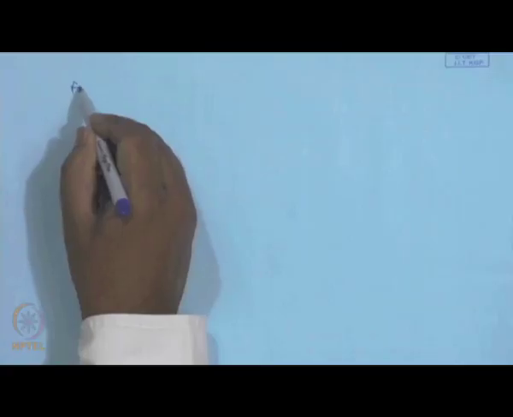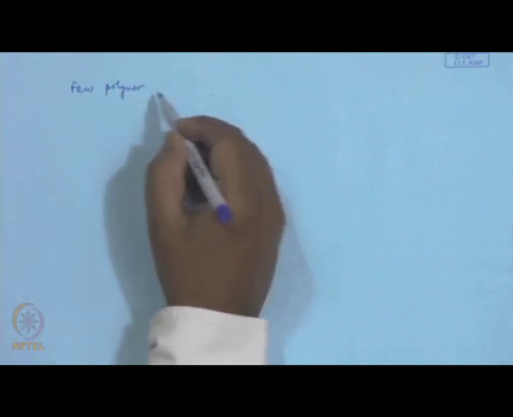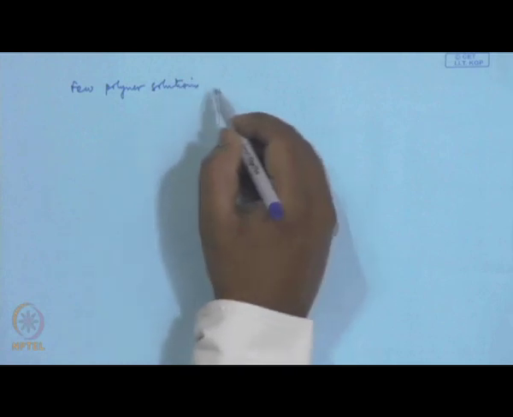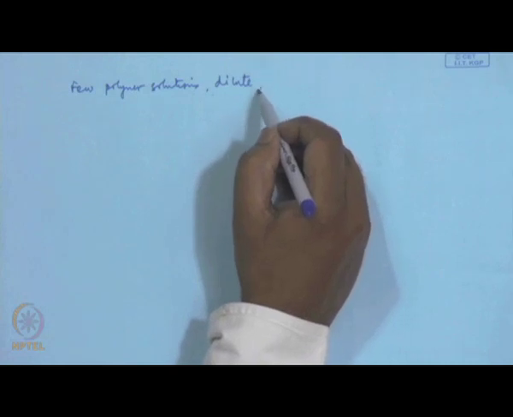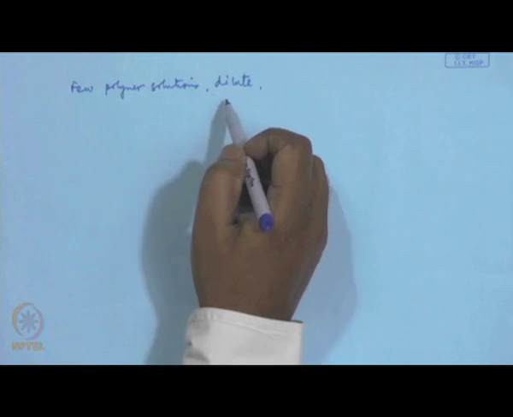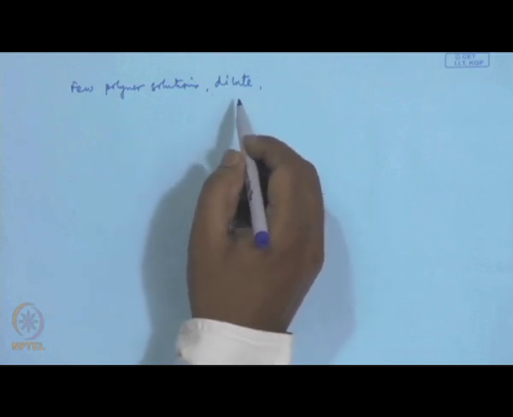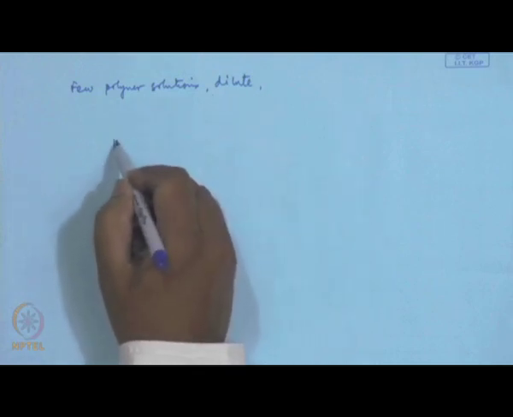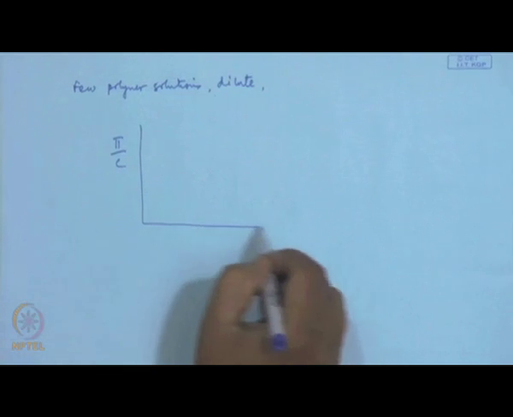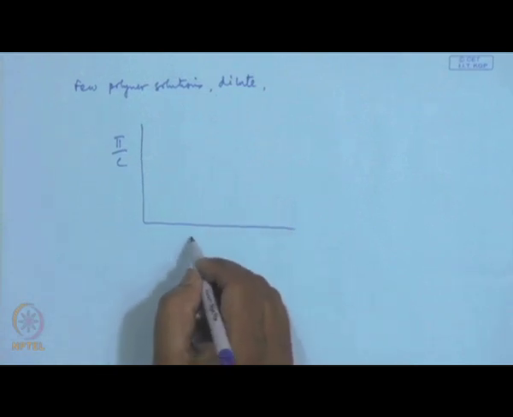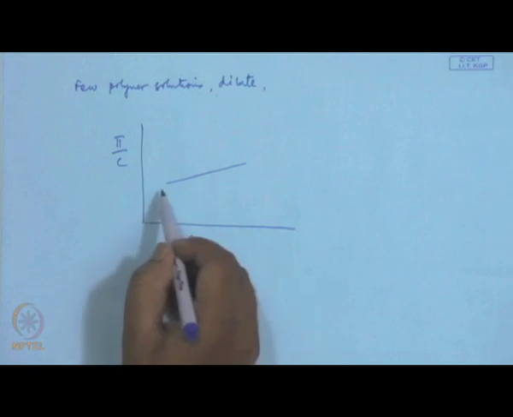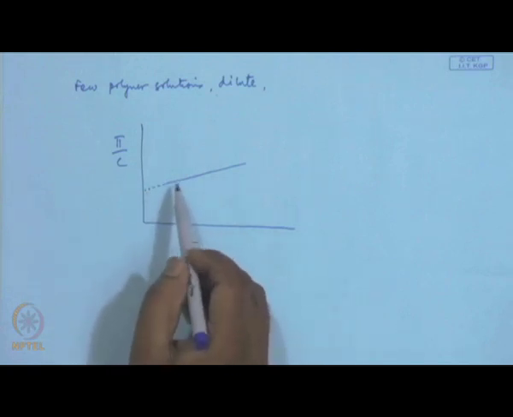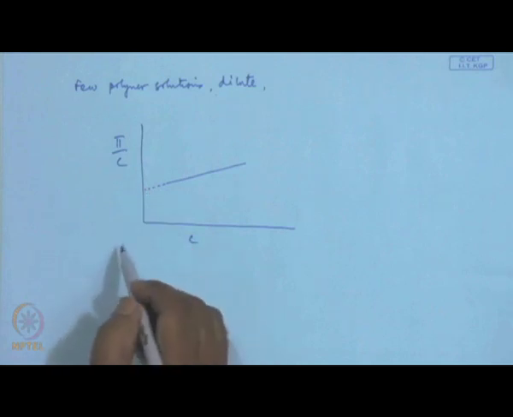So, what we need to do? We can make a few dilute polymer solutions having different concentrations, measure pi of each of these solutions, then plot pi by C versus C, which may be something like this, and then extrapolate this to C equals 0.